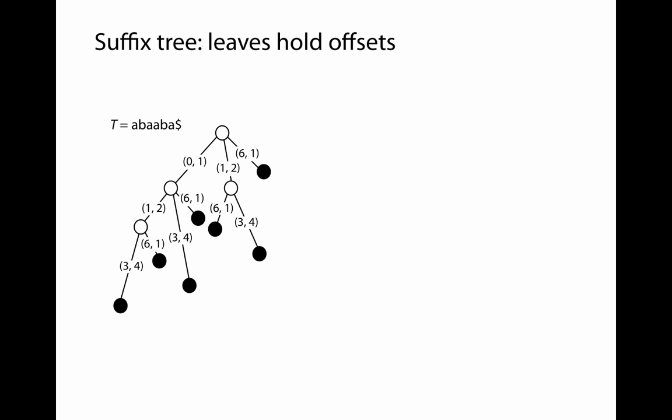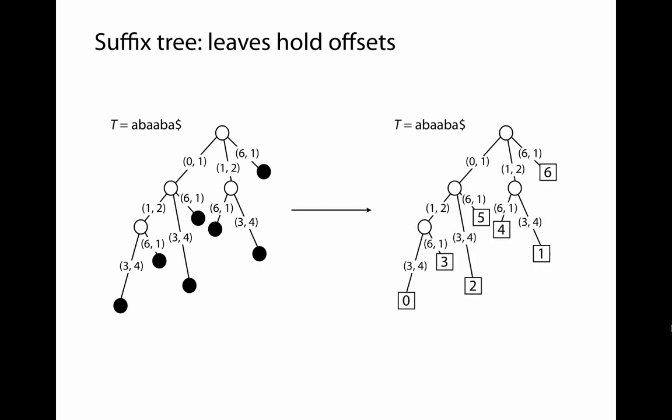So one last detail about the suffix tree is that at the leaves of the tree, we're going to store a number, and that number represents the offset of the suffix that leaf corresponds to.